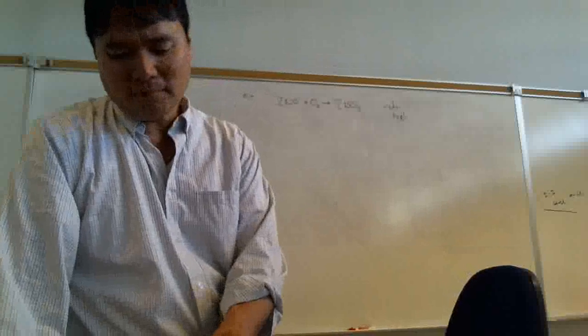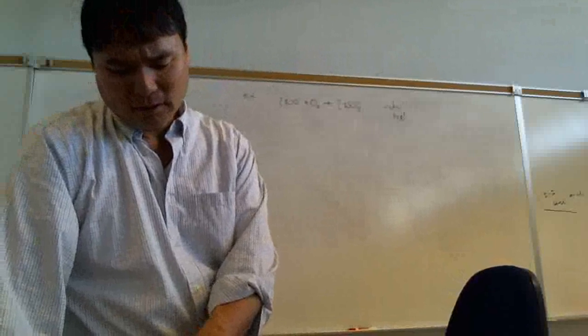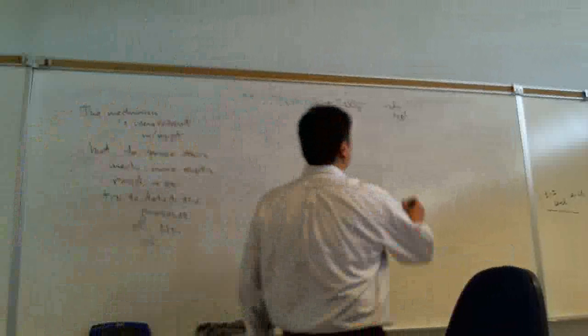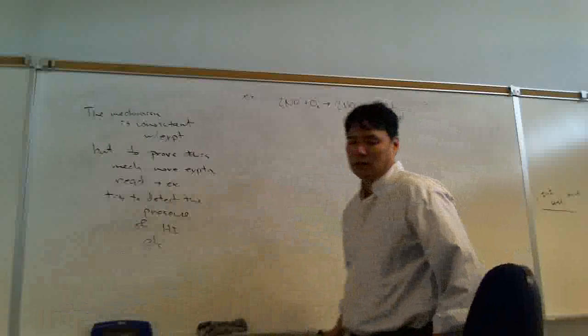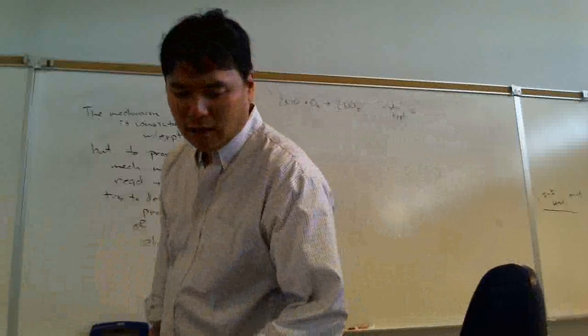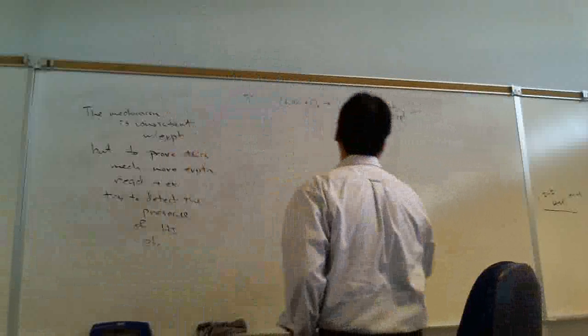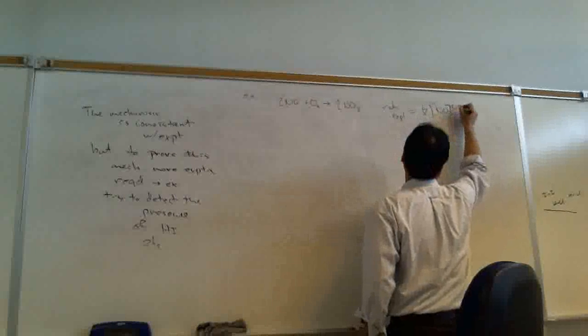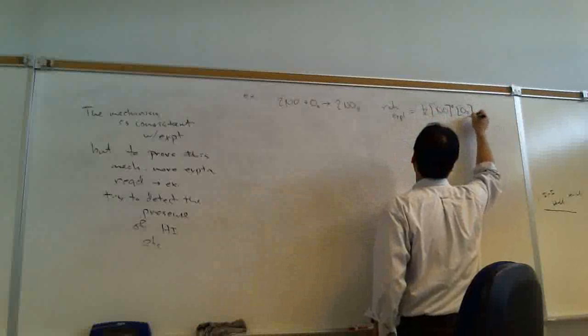This is why theoreticians are very interested in the experimental data, because they want something to confirm their theory. And so this is rate equals k[NO]^2[O2].